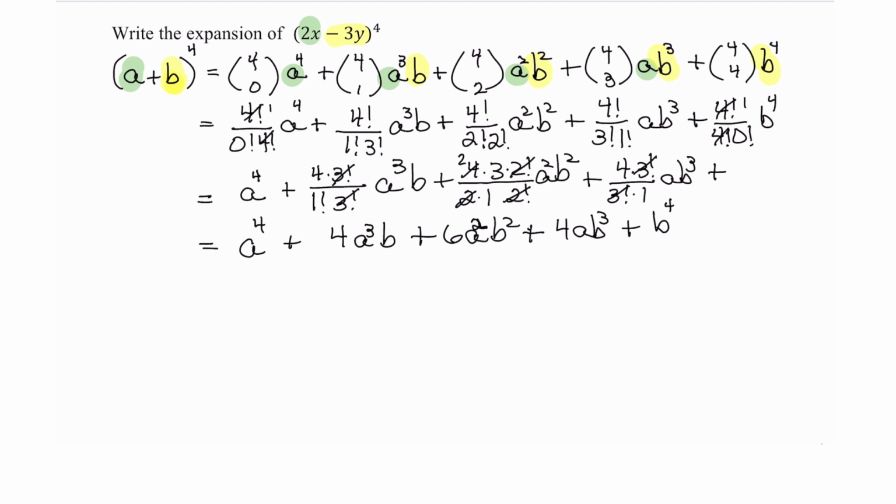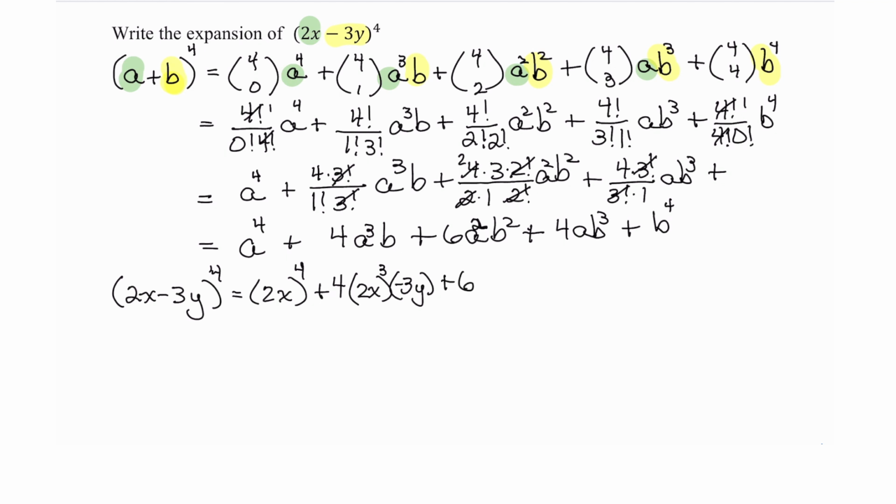So as I do this expansion, my 2x minus 3y to the fourth power is quantity 2x to the fourth plus 4 times that 2x to the third power times a negative 3y. So make sure you put that in parentheses so you don't get it confused and think it's a subtraction when it's a multiplication.